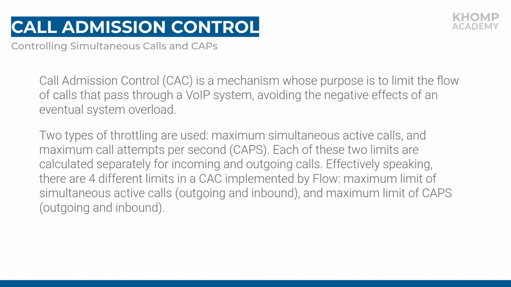Call admission control is a mechanism whose purpose is to limit the flow of calls that pass through a voice system, avoiding the negative effects of an eventual system overload. We have two kinds of limitations.